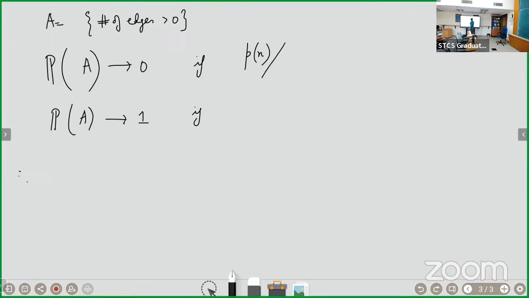So what we are looking for is a function P of n. When P of n goes to 0, I want this event to not happen. What is T? T is the threshold function you should think of. Below T, so P of n is smaller than T of n, this is not happening. And if P of n is larger than T of n, going to infinity, then this probability goes to 1.